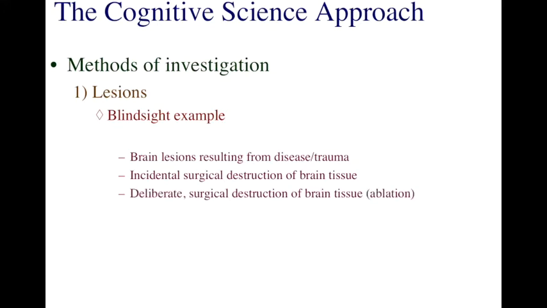For non-human animals, much research has been done looking at deliberate surgical destruction of brain tissue. In the case of blind sight, research has been done on primates where areas of their visual cortex have been destroyed by lesions. A way to simulate a lesion without actually causing any brain damage is to use a process called transcranial magnetic stimulation. Here's a short video that shows how this works.